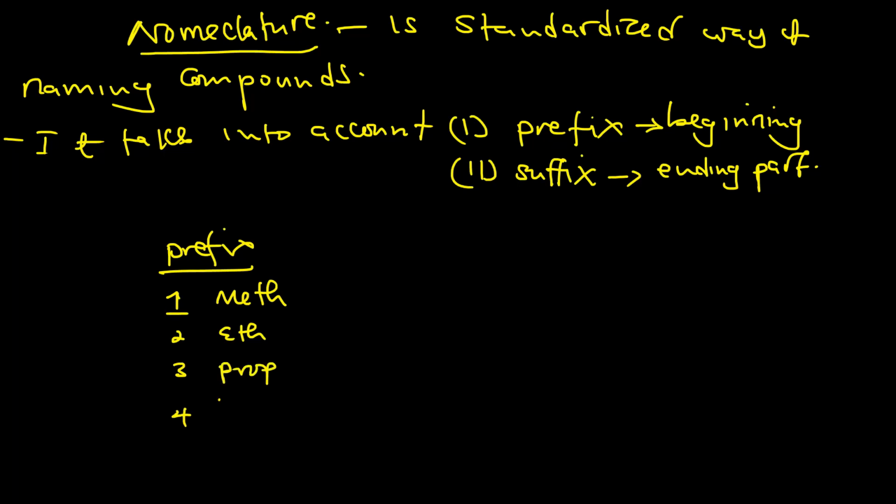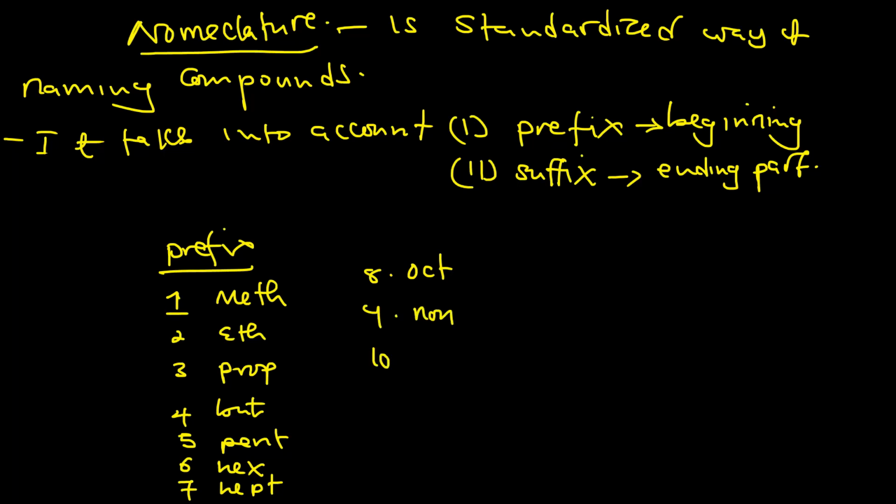Carbon 4 is but. Carbon 5 is pent. Carbon 6 is hex. Carbon 7 is hept. Carbon 8 is oct. Carbon 9 is non. 10 carbon is dec. So these are the prefixes.